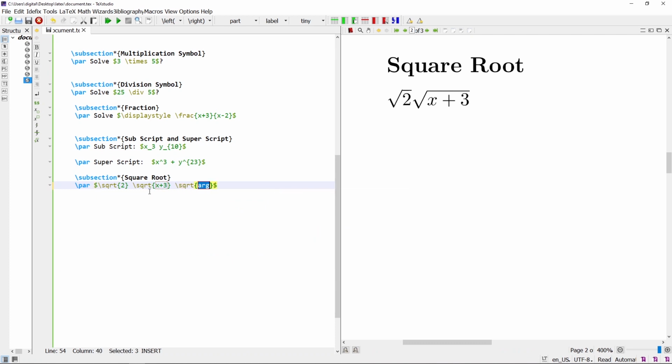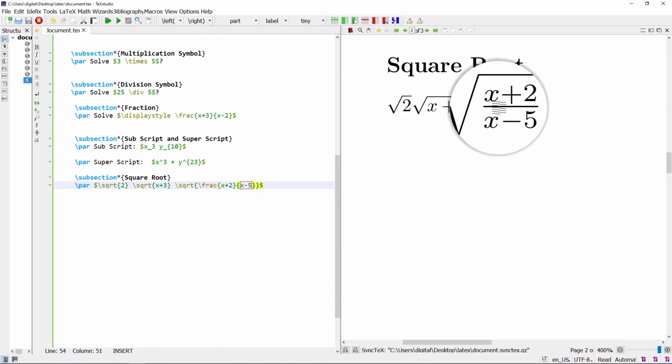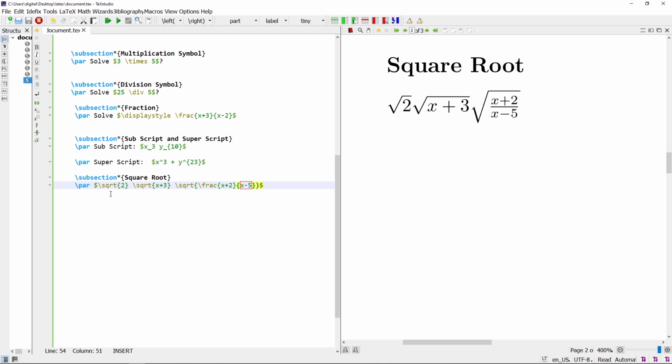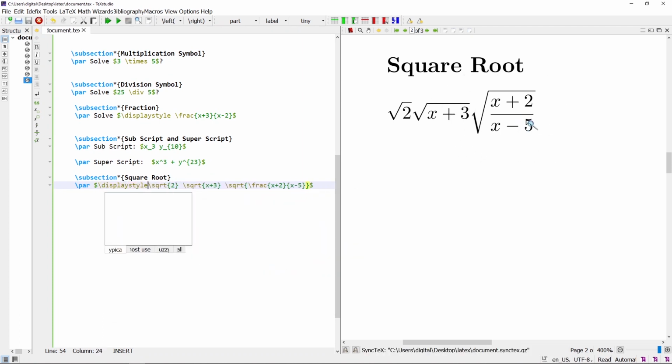Write the fraction in it. Fraction command x plus 2 over x minus 5. The fraction is coming in the square root. You can also write the displaystyle here. Now the square root is coming in the proper style.